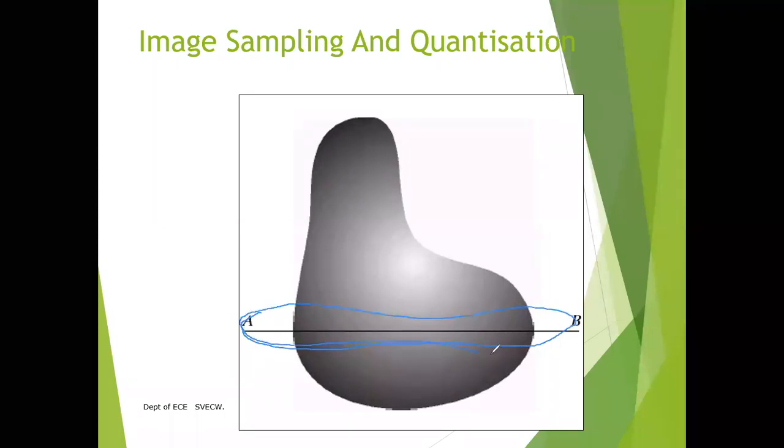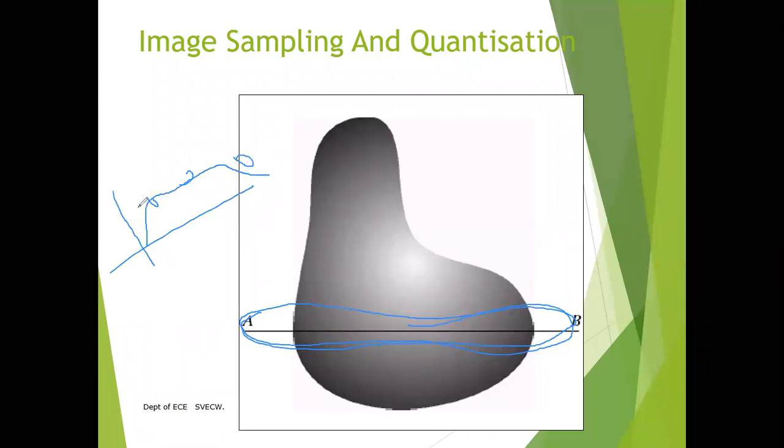We measure the sample values in this particular domain, and that will be a curve, a signal like this, and we will get samples. We will access 4 or 5 samples, for example. Then the sample values may be different values, for example 2, 5, 3 and so on, and then we will quantize that.